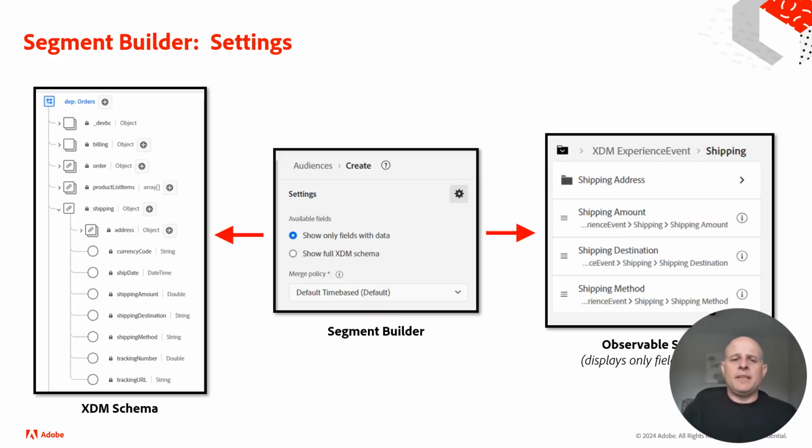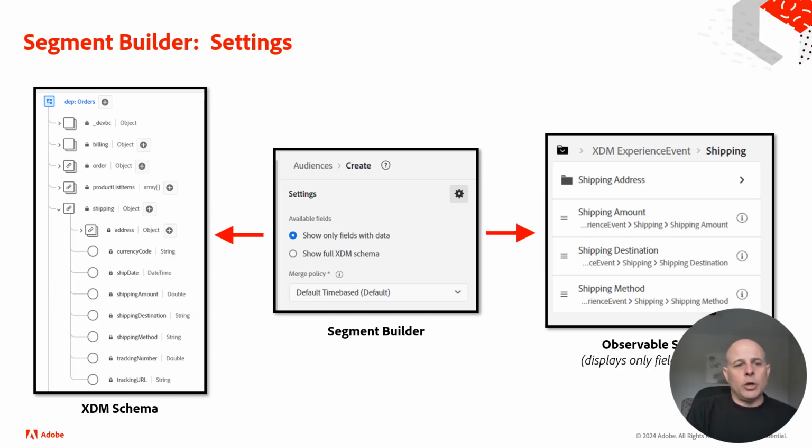In the segment builder, if you click on the gear icon in the UI, it's going to showcase 2 options for which fields you can create rules based on. By default, it has the first one selected, which is show only the fields with data. This is what we call the observable schema. So if I were building something based off of that, I would see only these 3 fields in this example because I had only populated 3 fields with data.